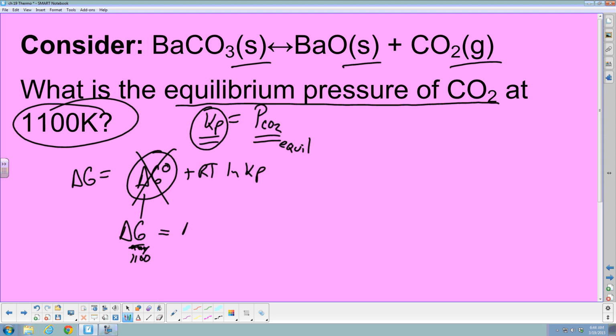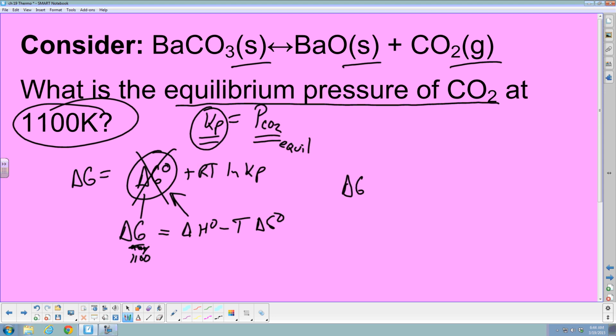I'm going to have to say that my delta G at any temp, in this case at 1,100, is equal to my delta H prime minus T delta S prime. So I'm going to have to fit that in. So what would that mean?